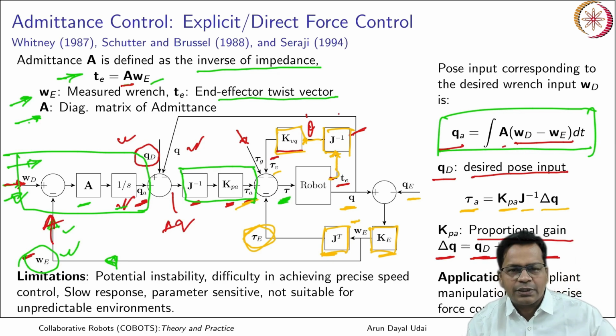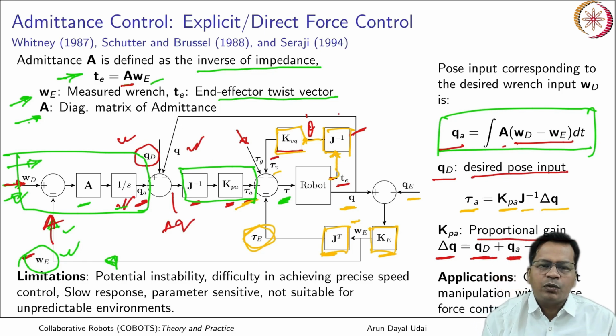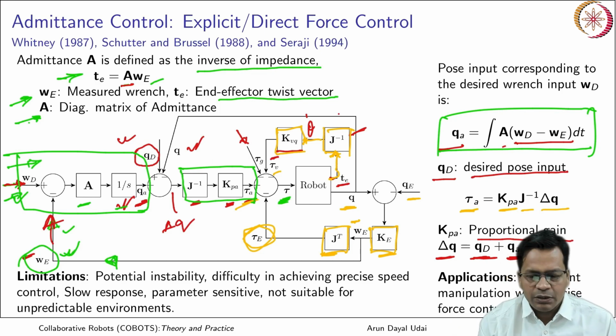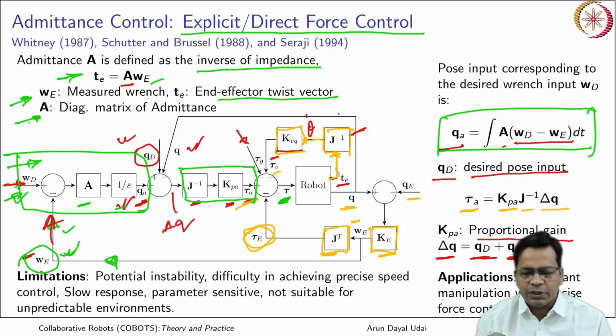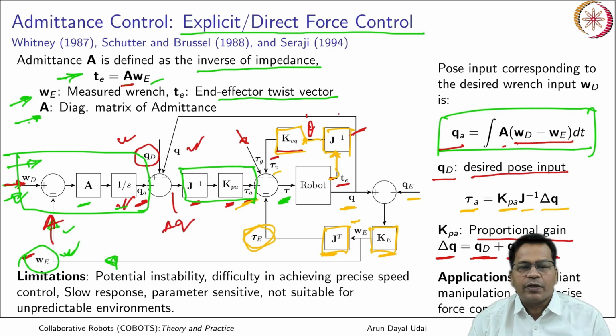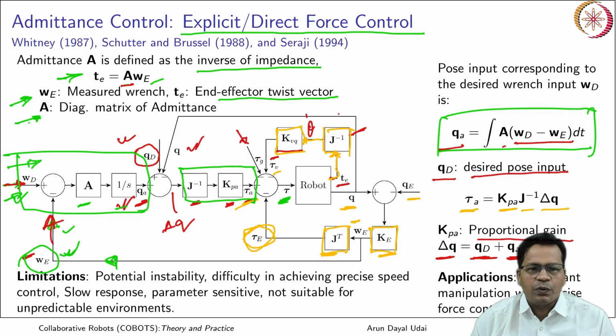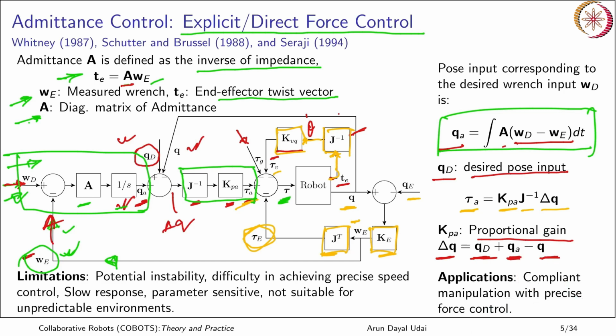Torque is exactly whatever is required, so the robot becomes compliant to any external force which comes on the link. There is a problem: you also need an external force torque sensor. The beauty here is that it is a direct force control technique, so you can directly and precisely put the force commands and it achieves the precise force at the end effector. It is very beneficial for applications which require precise force control, that is, compliant manipulation with precise force control.